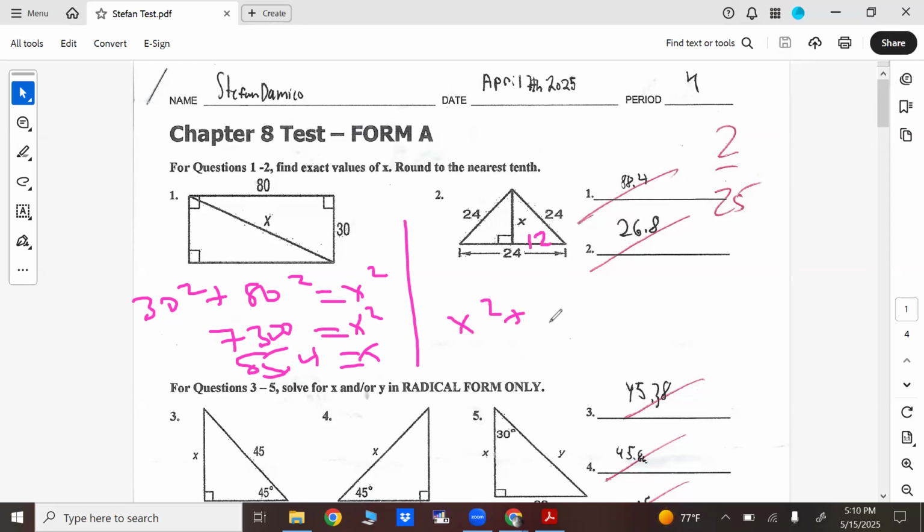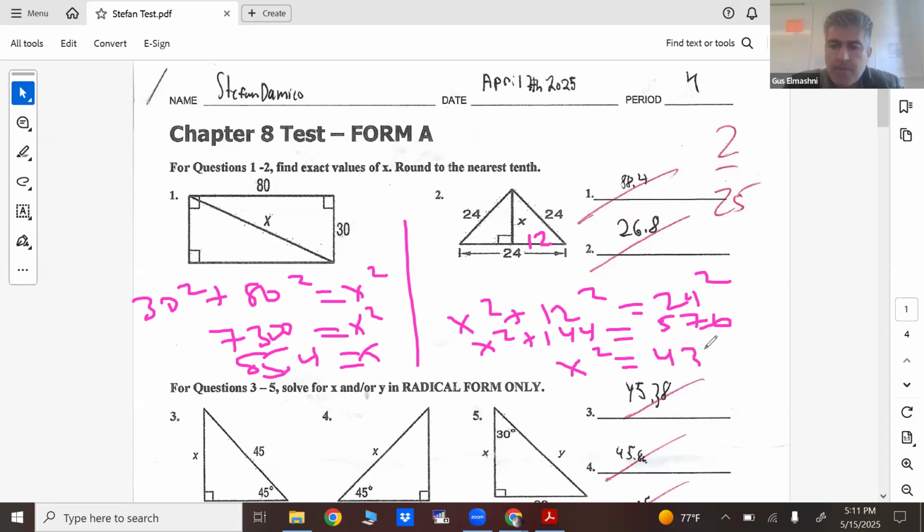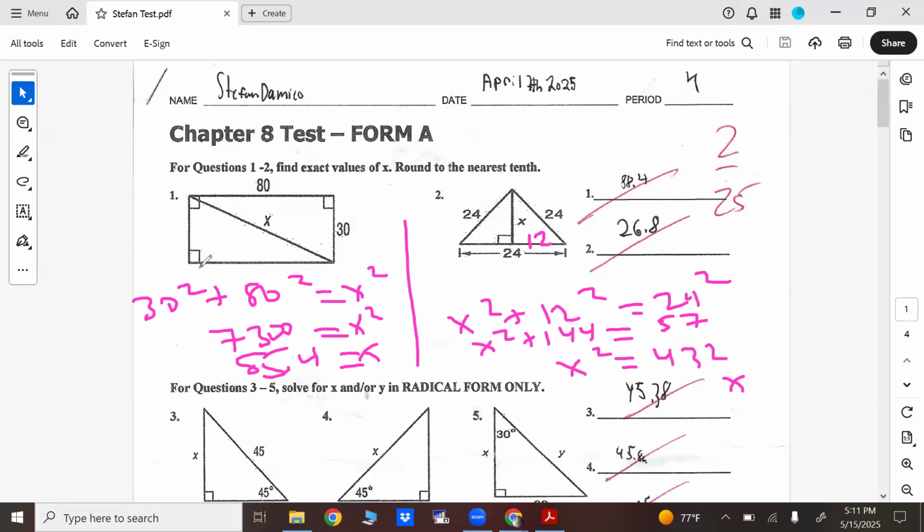So x squared plus 12 squared equals 432, plus 576. And then x will be the square root of that, which is 20.8.